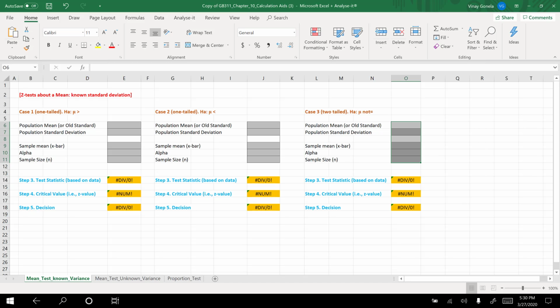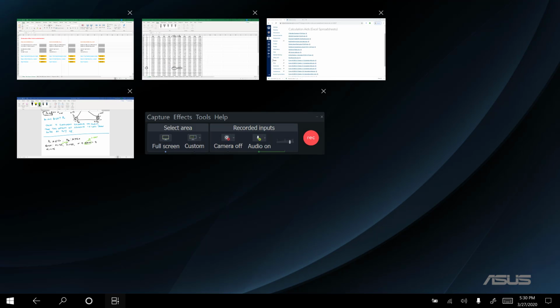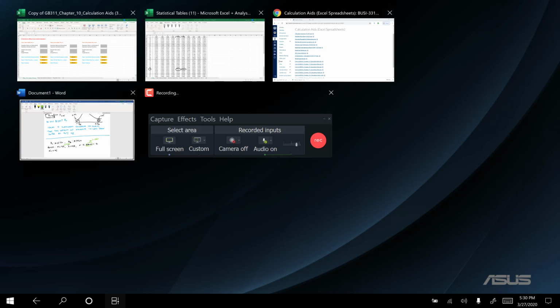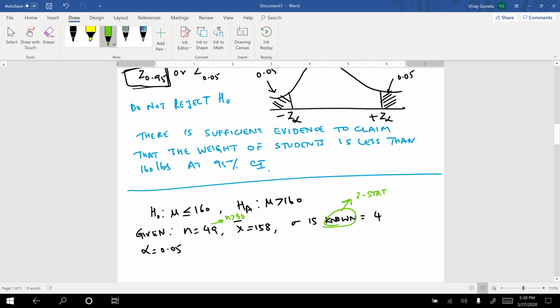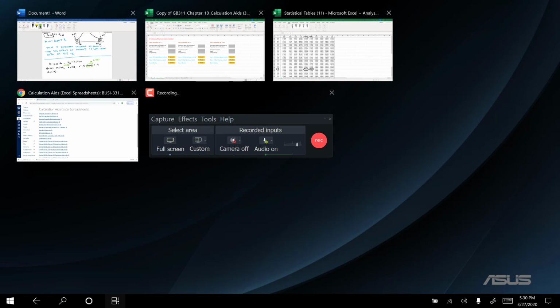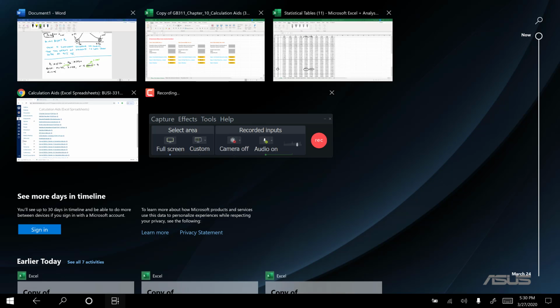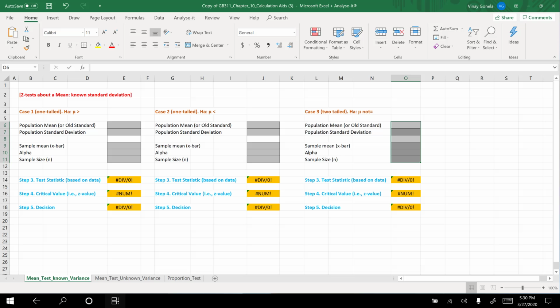Mostly we will be using mean, test, known variance.